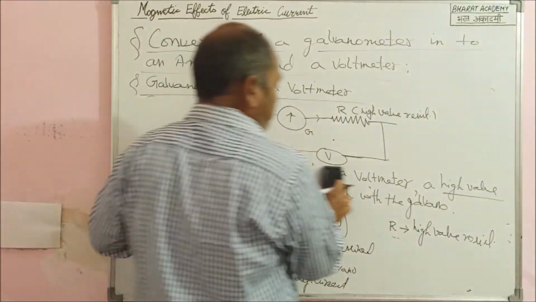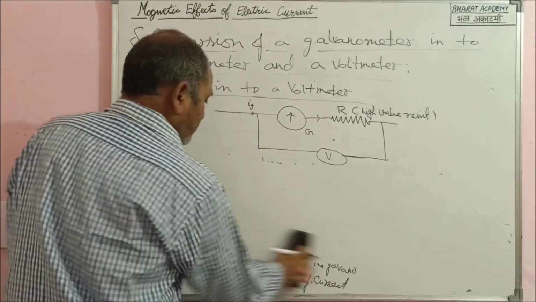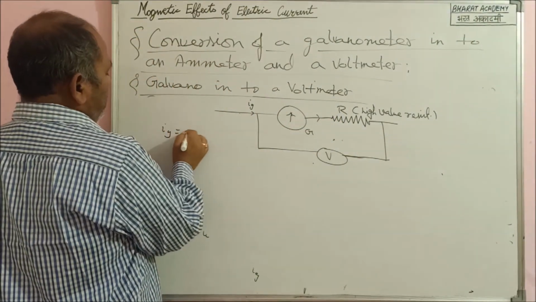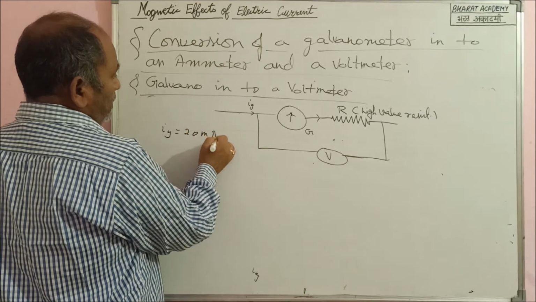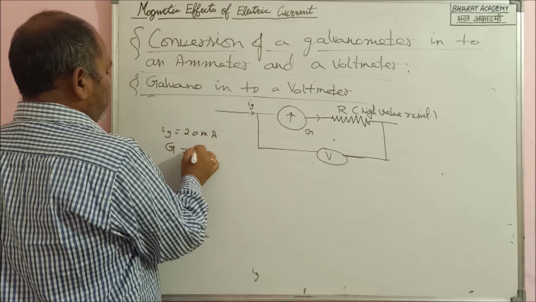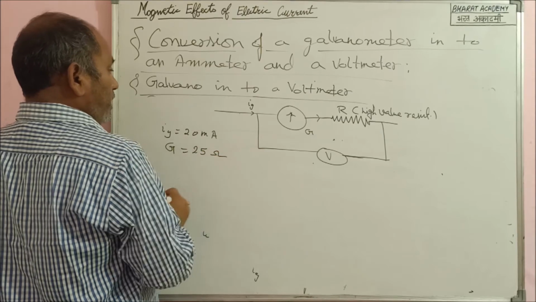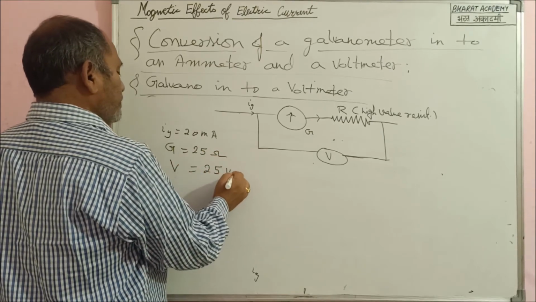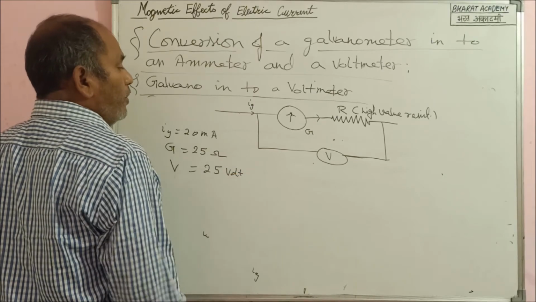Now let's convert this into a numerical. Suppose I have a galvanometer which allows only 20 milliampere to pass through it. G is 25 ohm, and V to be measured is 25 volt. How to measure V?